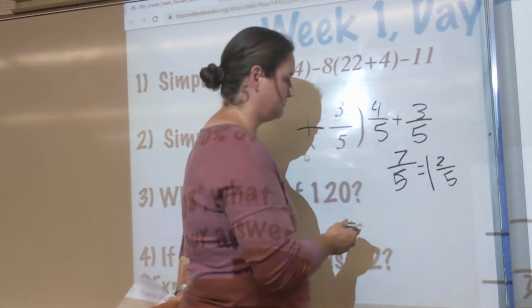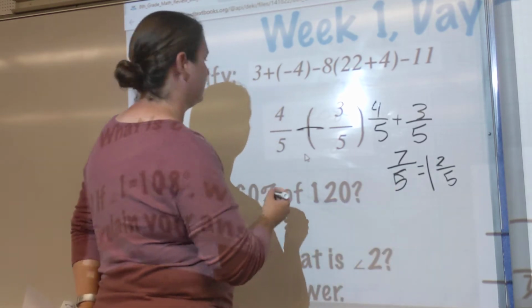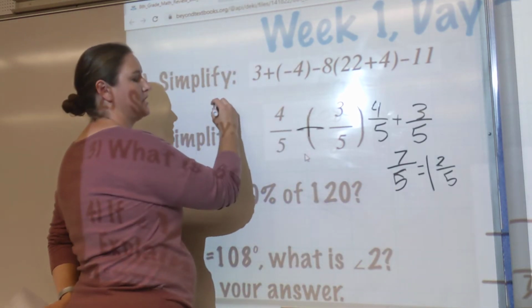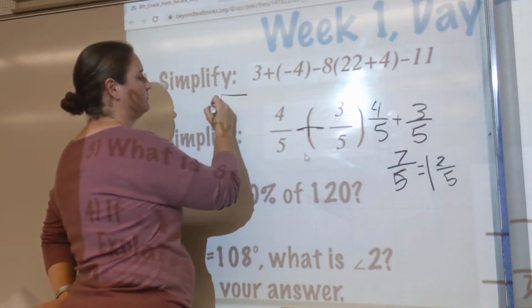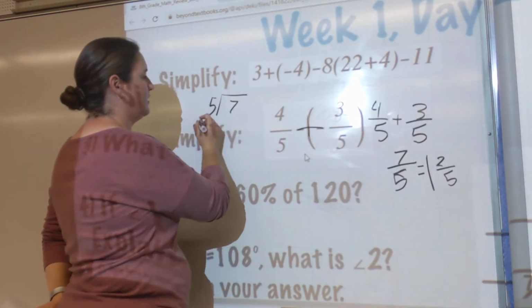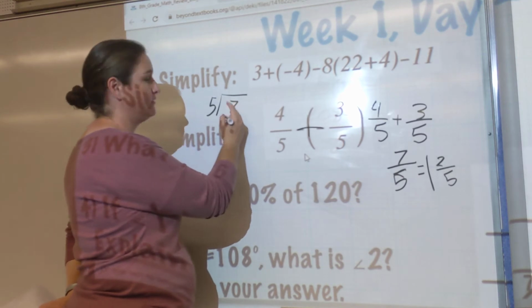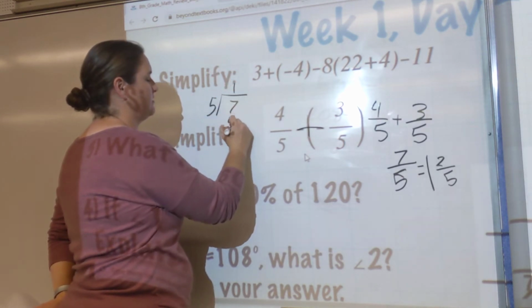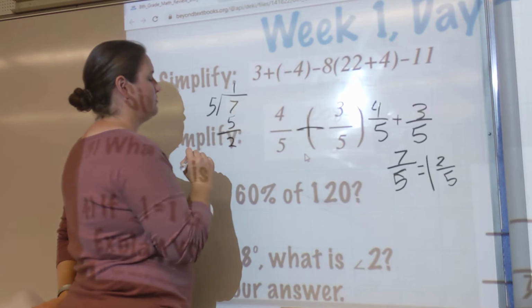We could also, by the way, for those of you who aren't following that one, you just take 5 divided by 7. How many times does 5 go into 7? Once. That leaves you 2.